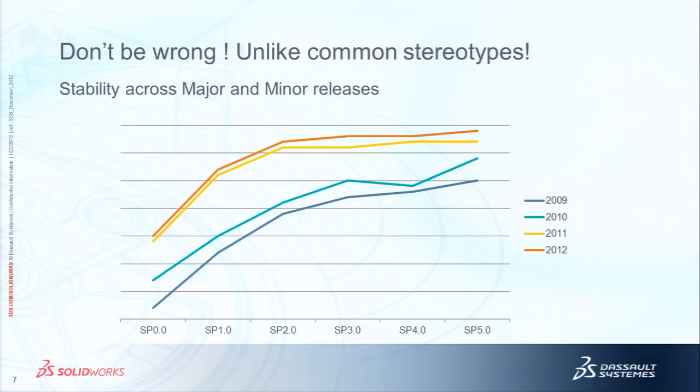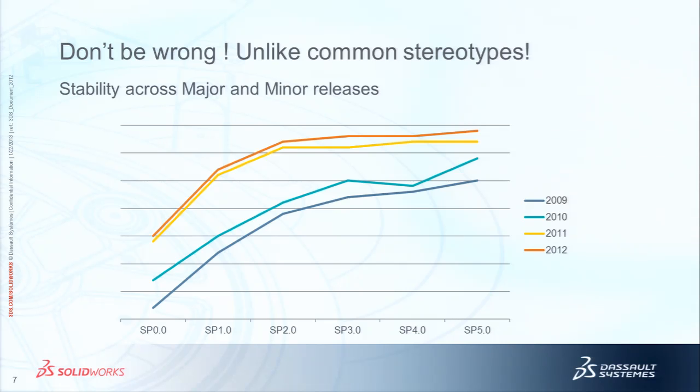We took on a big stability project in 2011. What we can see from this graph is that a 2011 SP1 is actually more stable than a 2009 SP5. So if you think you will be moving to SP5 only for stability reasons, this is not really true.